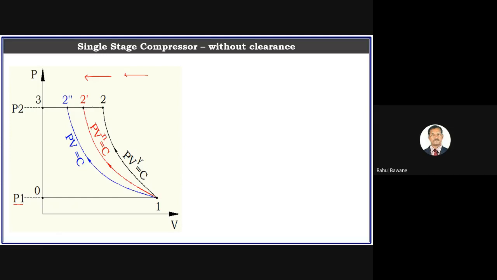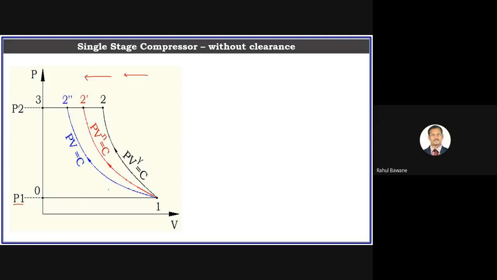After that, it will displace this compressed air. If we somehow maintain its temperature constant during compression, we follow this blue line.